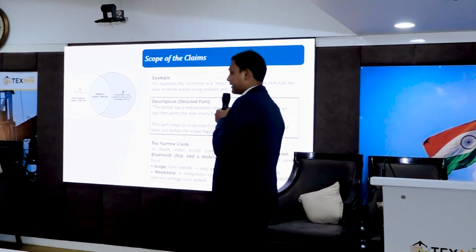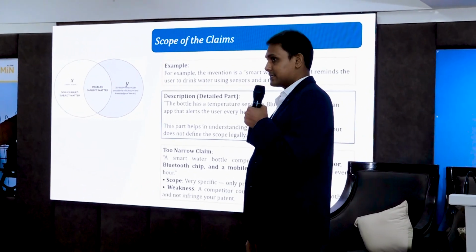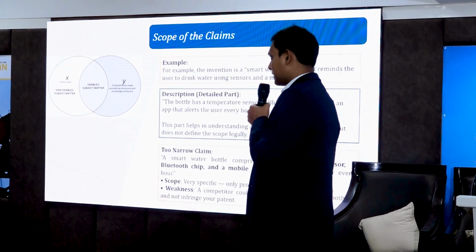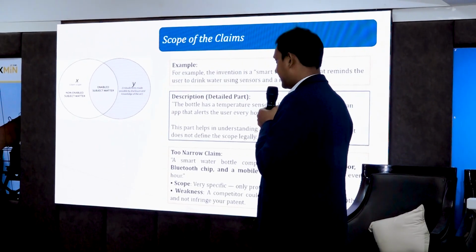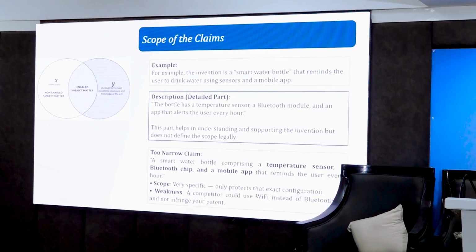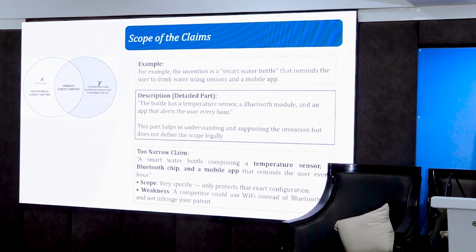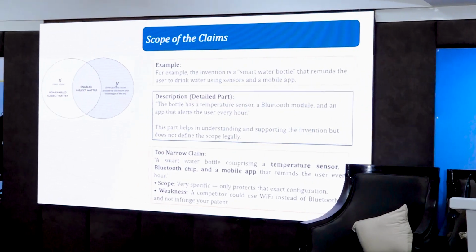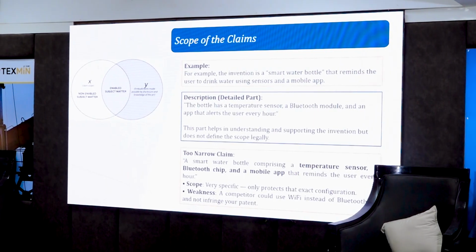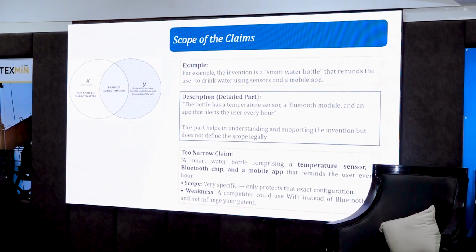So you can see the Venn diagram I have given, right? This is the fence, basically. This is the scope that has been defined by your invention. Here, Y represents your prior art. Now you want to file this patent X. You can see you have defined this scope.